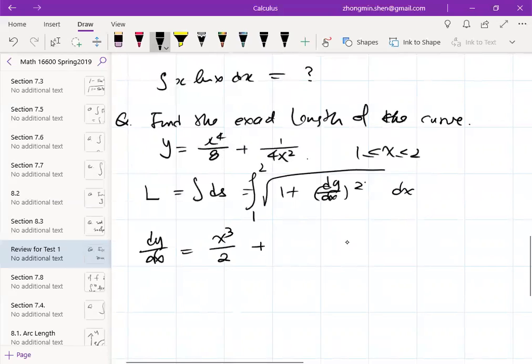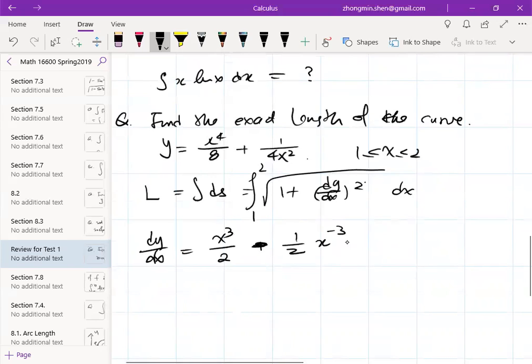Okay? Then the product of those two, that is going to be... no, it's not product, just the derivative of the second part, which is going to be negative half of x.